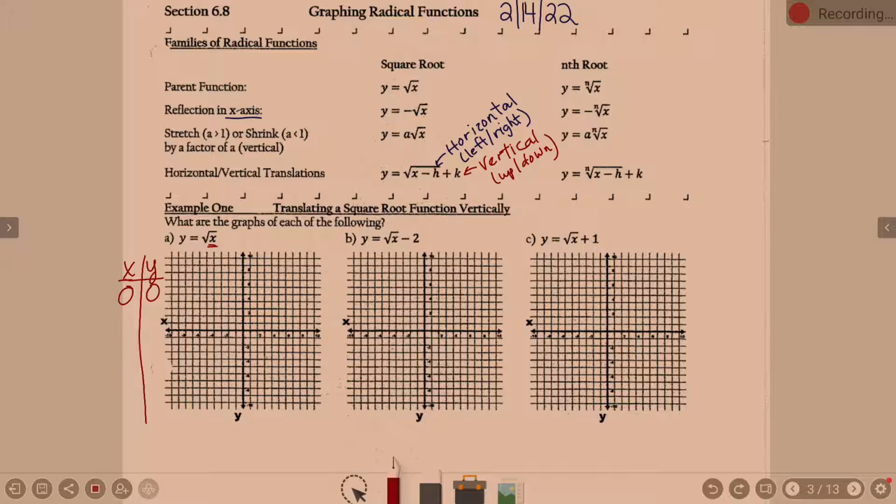Okay, next I heard 1. I definitely like 1. Only my second favorite after 0 usually. So if we put 1 in for x, what is the square root of 1? 1. Okay. 2.